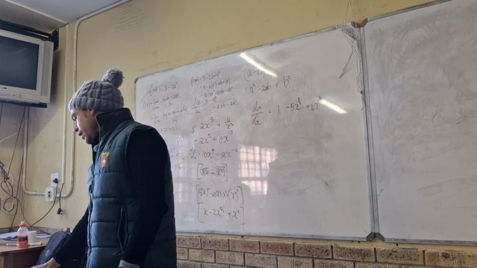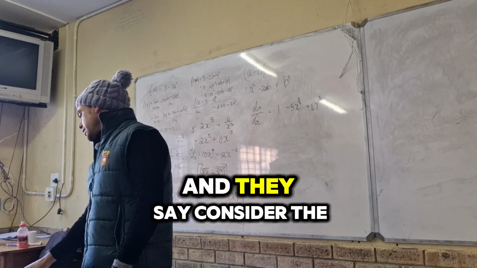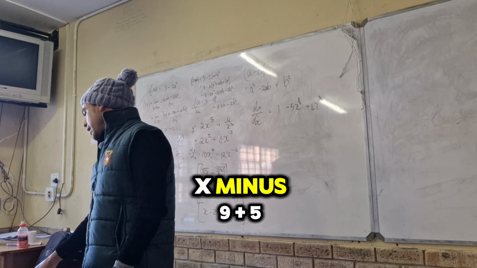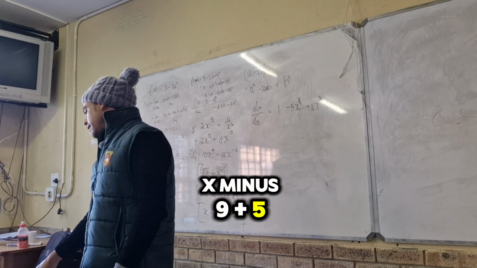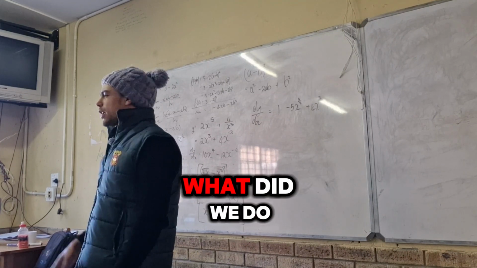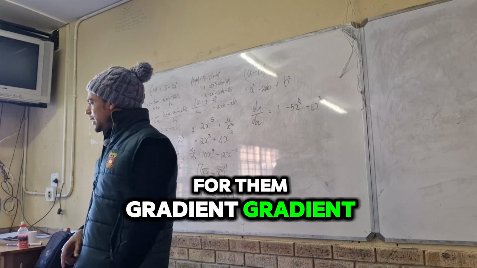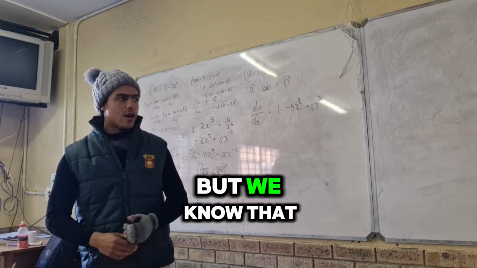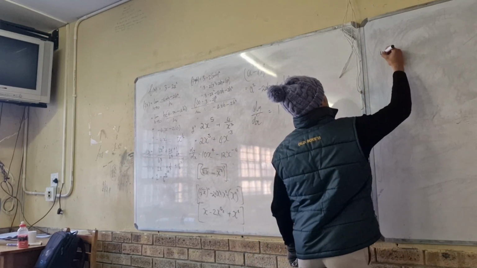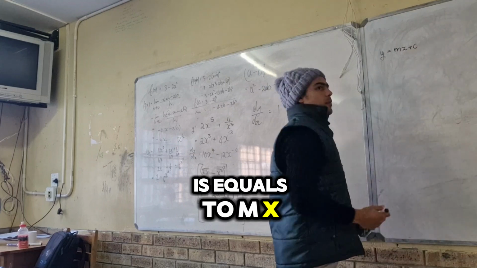But now they give you an exercise: consider the graph of g of x equals -2x squared minus 9x plus 5. Determine the equation of the tangent. What did we do in the previous one? In the example, they only asked us for the gradient. But we know that an equation consists of y equals mx plus c.